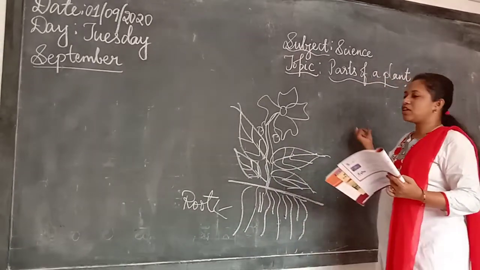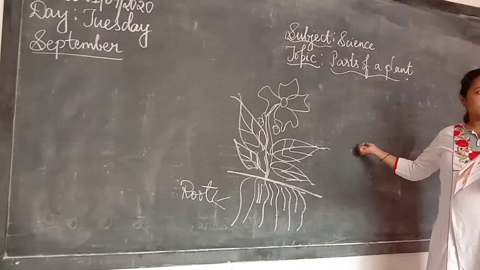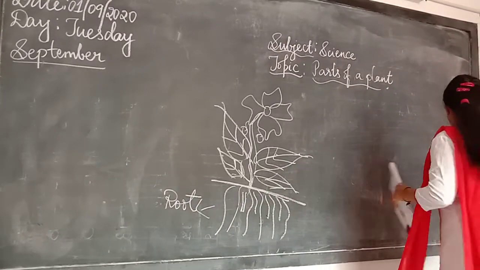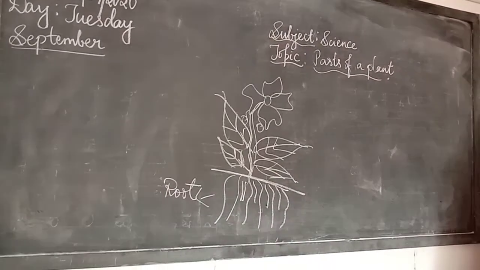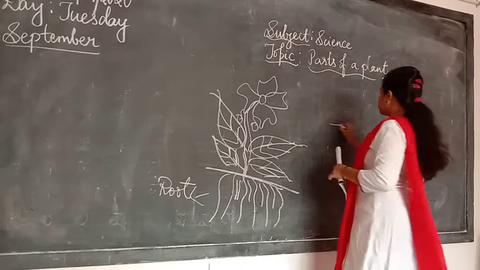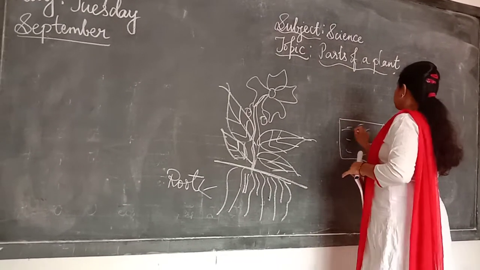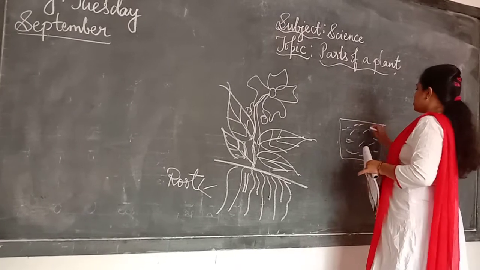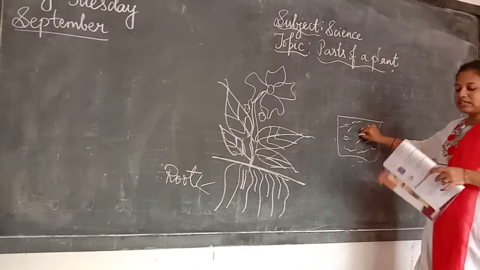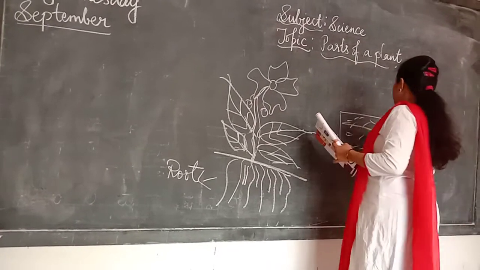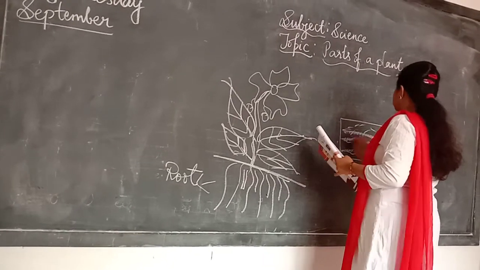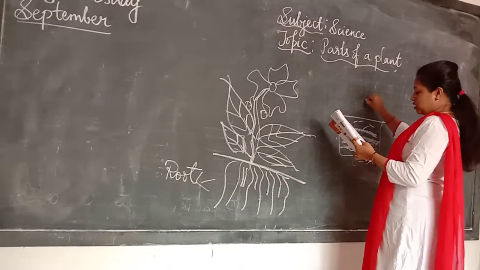You just dip it in a jar containing violet water. This is just a jar. You mix a violet color in it, so it turns violet in color. Then you dip the sapling into the jar.